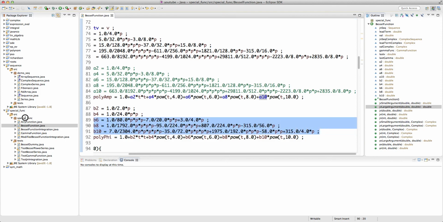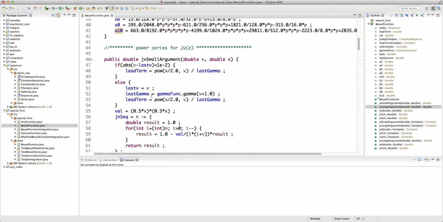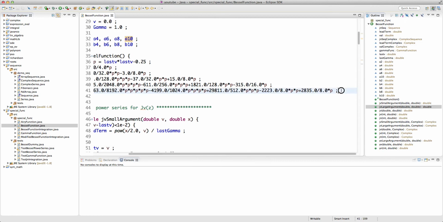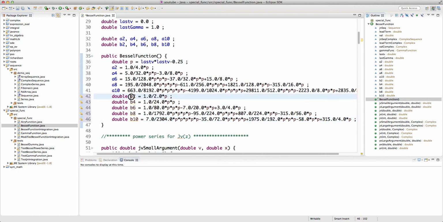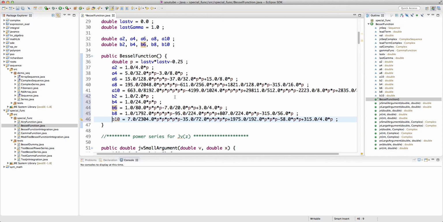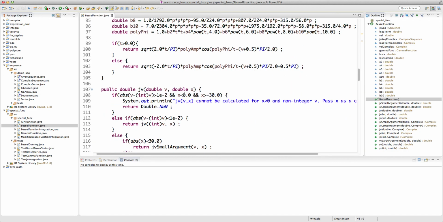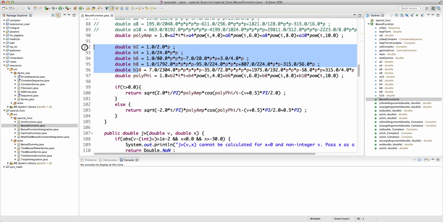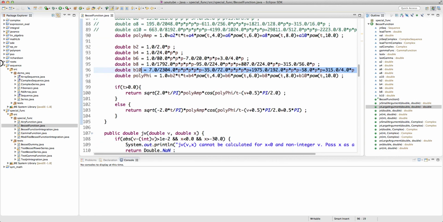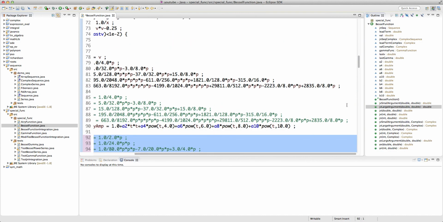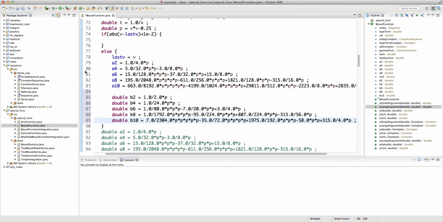So we can copy all these terms and calculate them in the constructor: b2, b4, b6, b8, and b10. And then I can again copy it from here. Let's also comment it and calculate them in the else statement here. So only if nu has changed, we're going to update these b parameters.